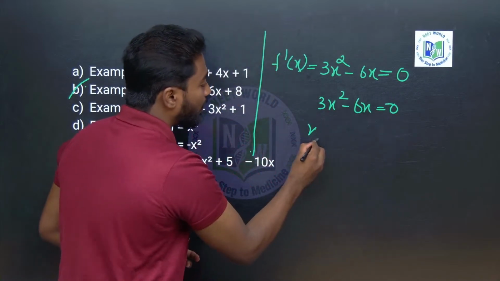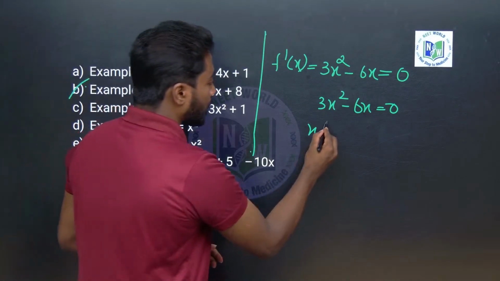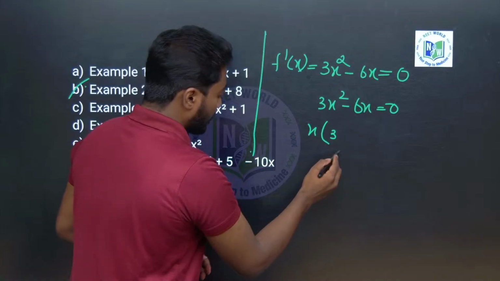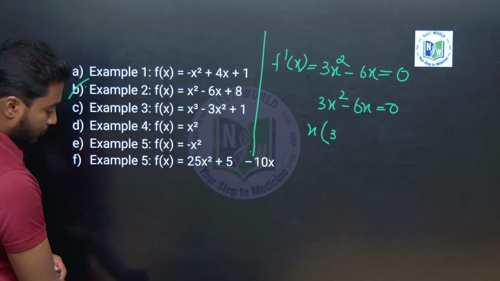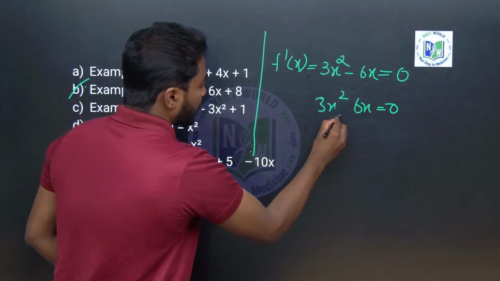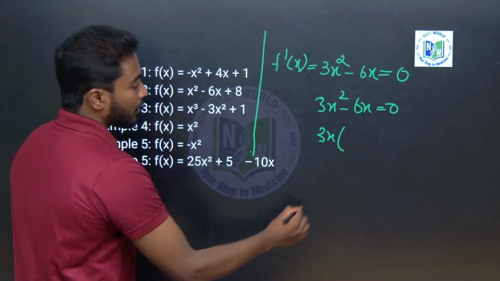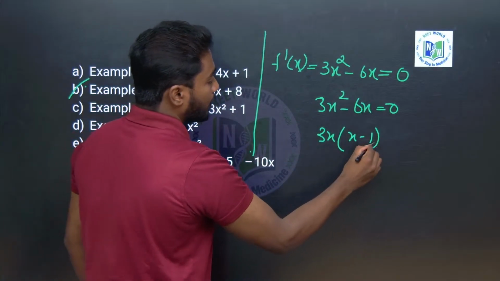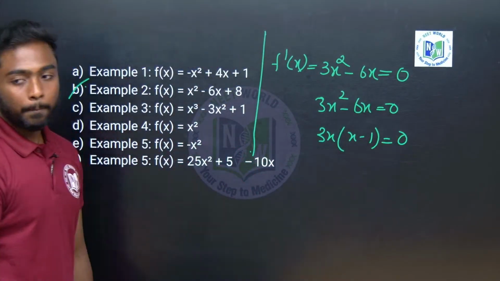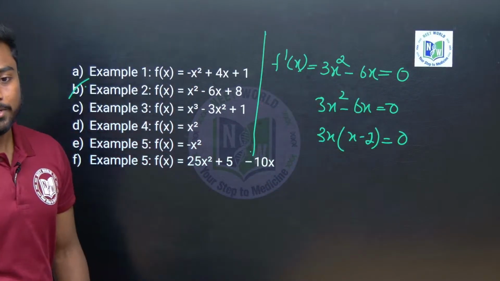I can take 3x commonly outside. So it is 3x times x minus 2 equals 0.